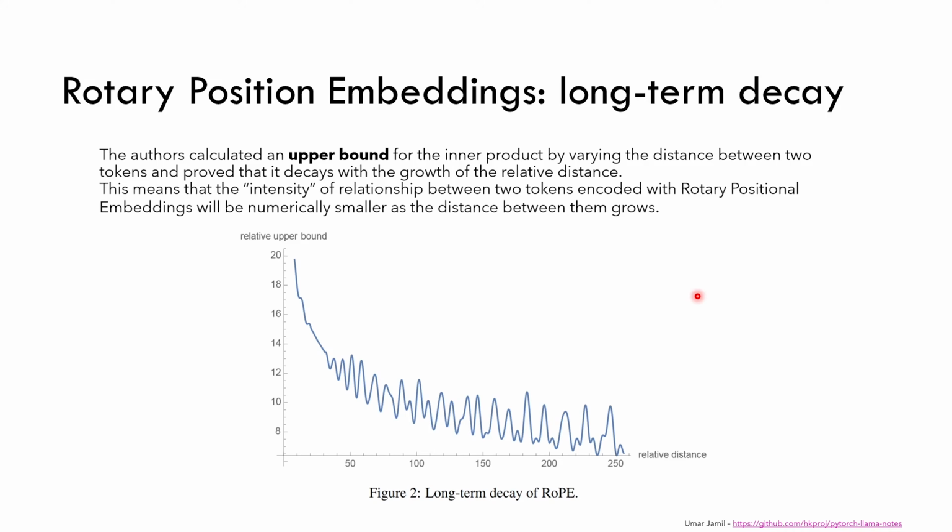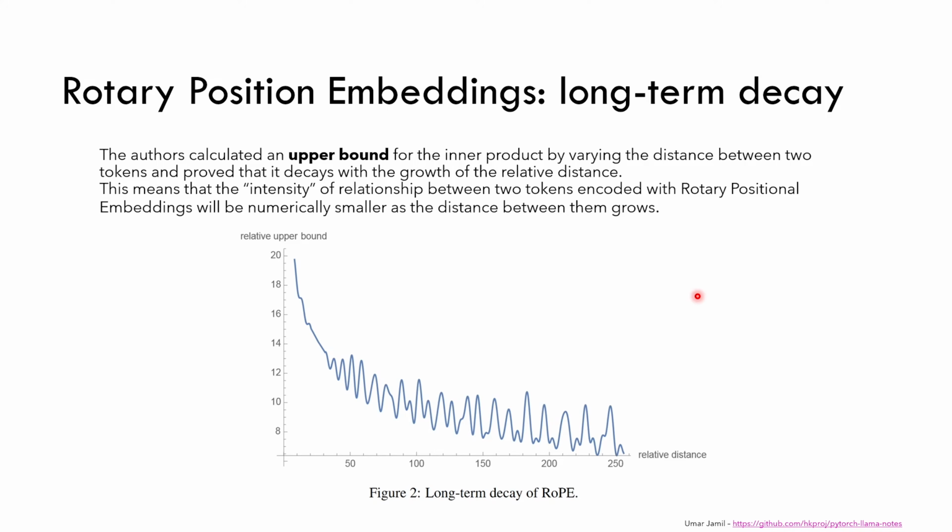If you remember, the dot product that we are computing is for the calculation of the attention, and it represents the intensity of the relationship between the two tokens. These rotary positional embeddings will decay the strength of this relationship if the two tokens we are matching are distant from each other. And this is actually what we want.